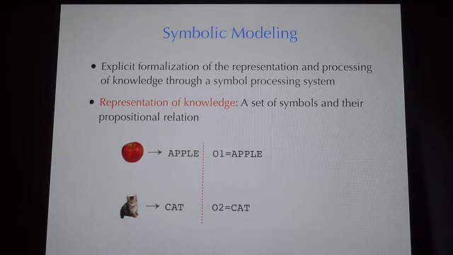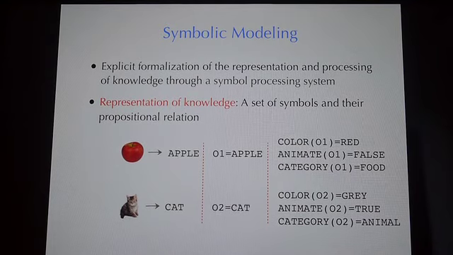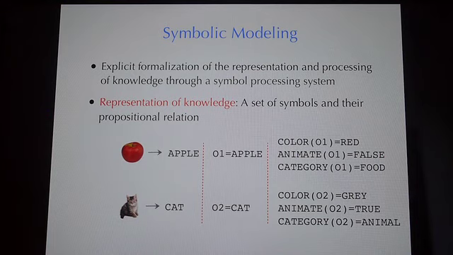explicitly specify what we mean by that, what kind of characteristics these objects have. This can be done, for example, by specifying a set of relations or specifying a set of attributes for each object. For example, the color of object 1 is red. The animate status of object 1 is false, which means that object 1 is not animate.